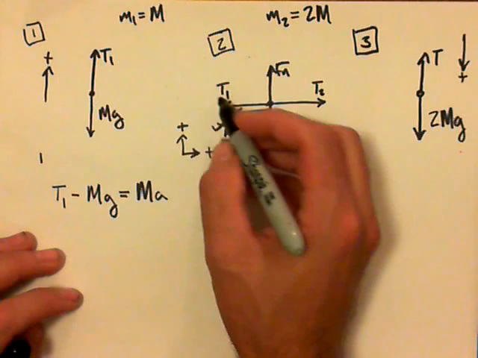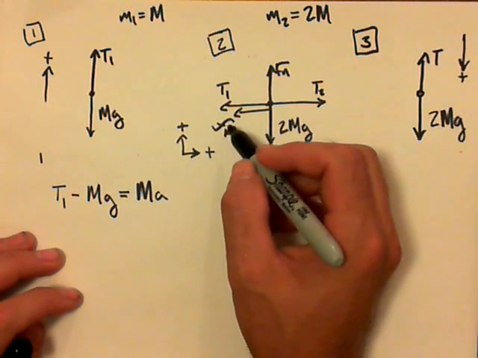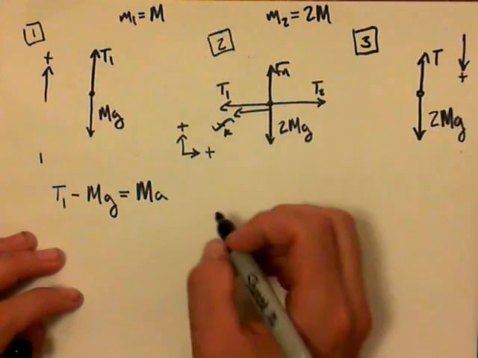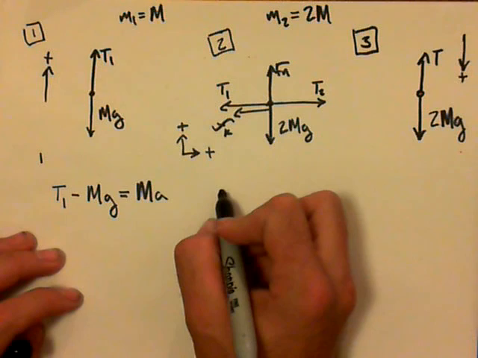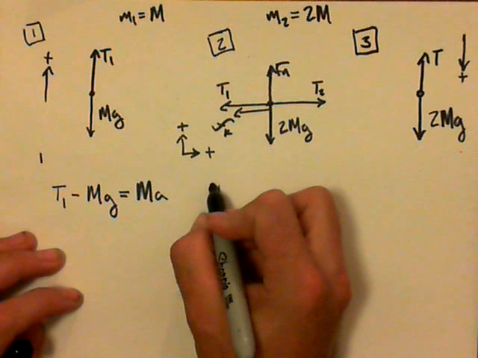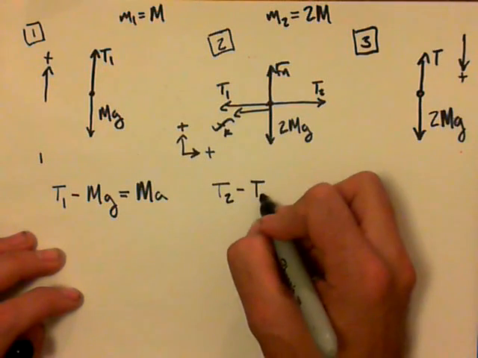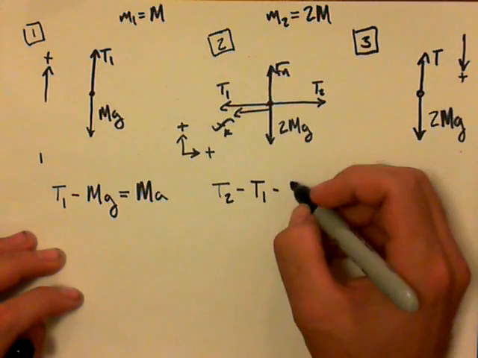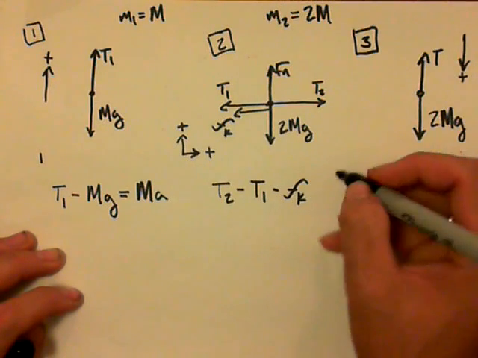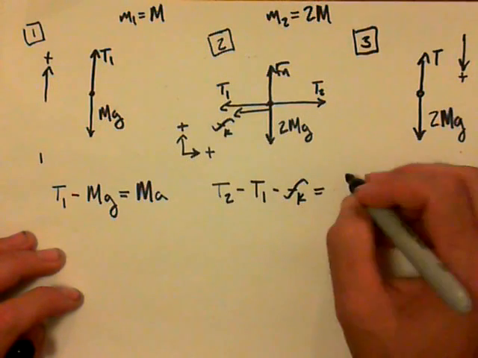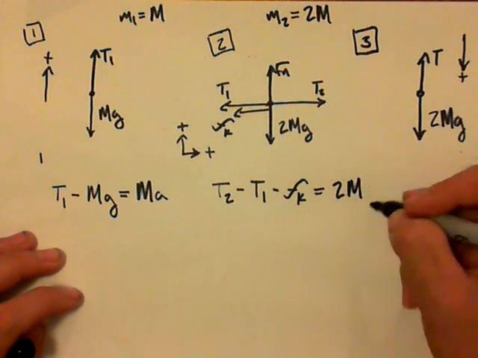Those will both be pulling against T2, which is going in the positive direction. So I got T2 minus T1 minus frictional force equals 2ma.